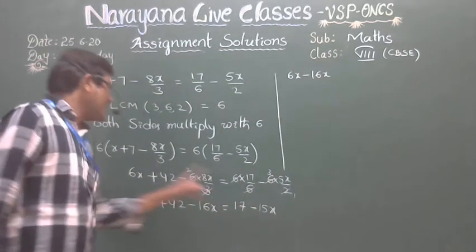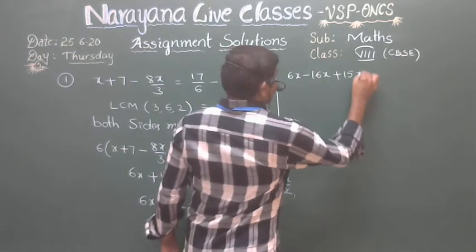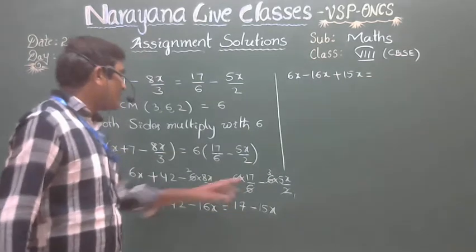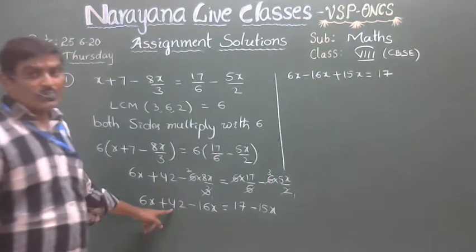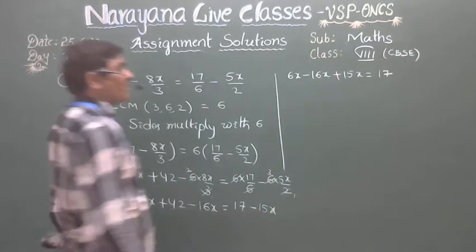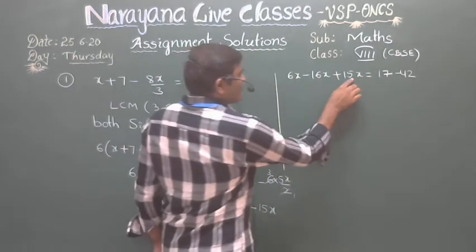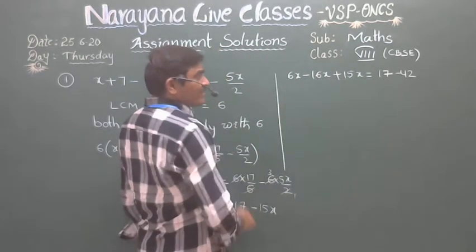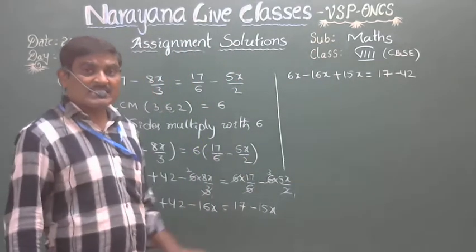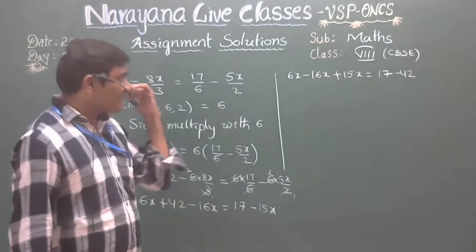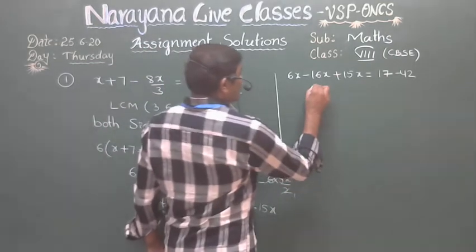And this minus 15x will be transformed into the left side as plus 15x, equal to right hand side, already we have 17 minus this plus 42 will be transformed into the right side as minus 42. 6x plus 15x are positive terms, total 21x. 21x minus 16x. 21 minus 16 is equal to 5x.